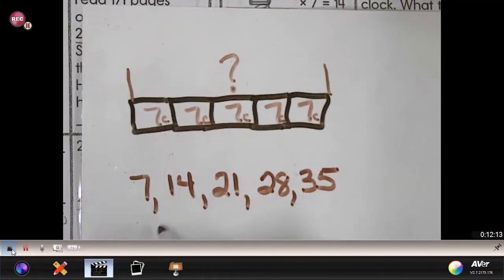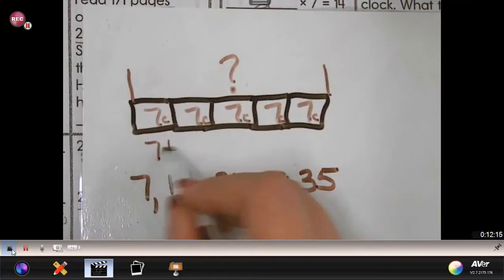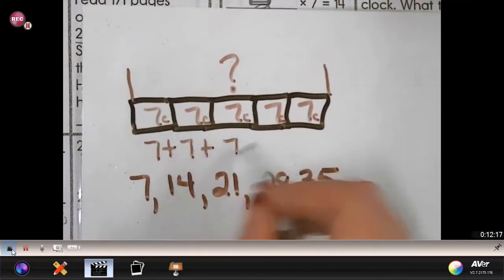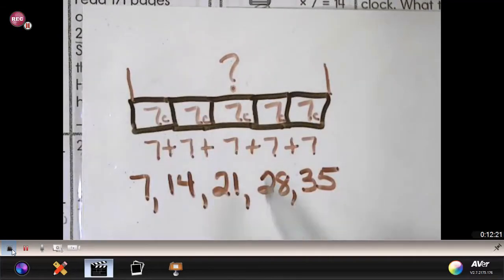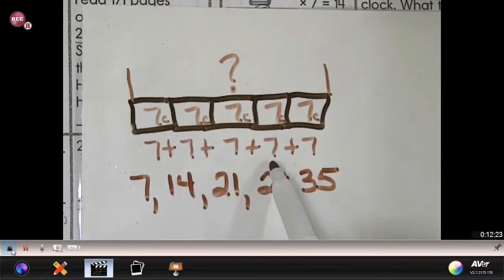I could also use repeated addition and add 7 plus 7 is 14, and this 7 plus 7 is 14, and then 14 and 14 is 28, plus another 7 is going to give me the 35 total cookies. We also know that we can switch our factors around.